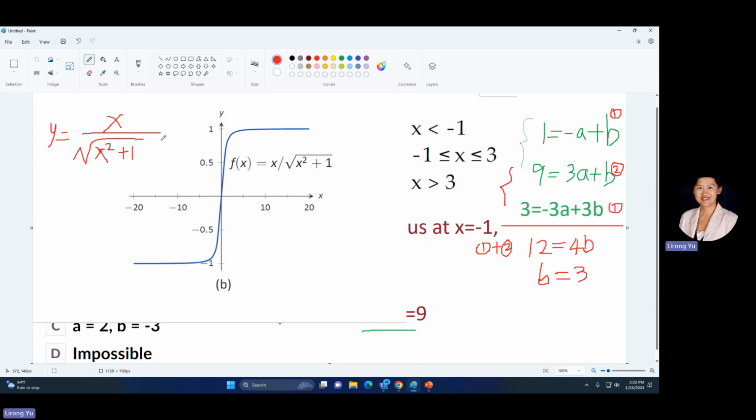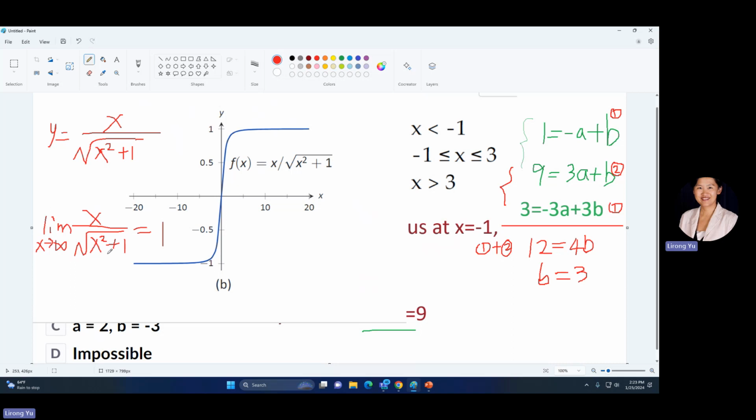We were talking about something similar to this. If you're trying to find the limit of x over the square root of x squared plus 1, as x goes to infinity, what's this limit? It's going to be 1. And do you know why it's 1? Because the square root and the square cancel out, so it's essentially just x over x.